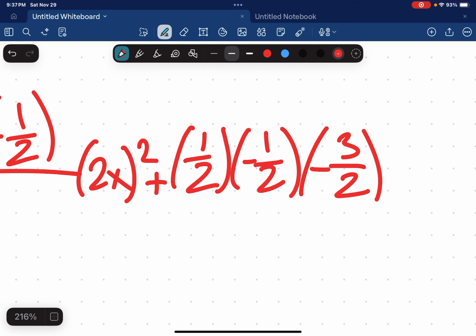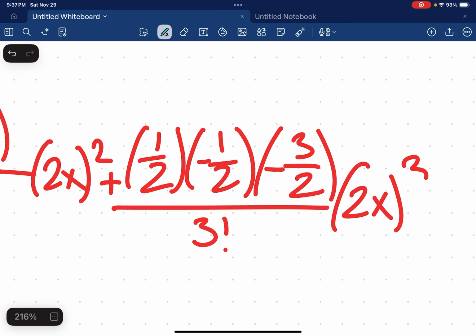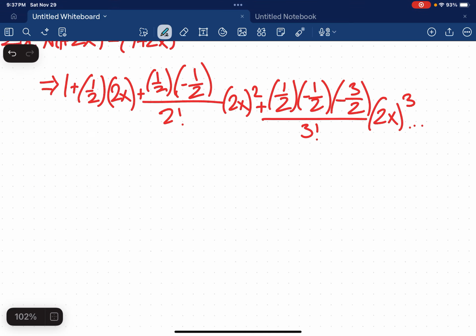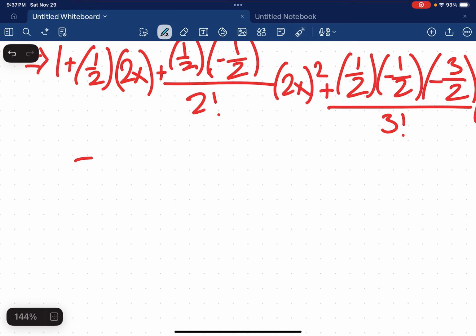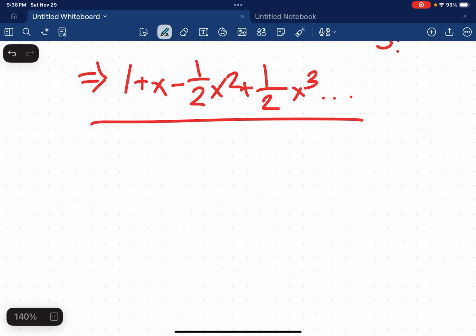So that's negative 1/2 minus 1 over 3, dot. This is going to end up just simplifying to 1 plus x minus 1/2 x squared plus 1/2 x cubed. That is our answer.